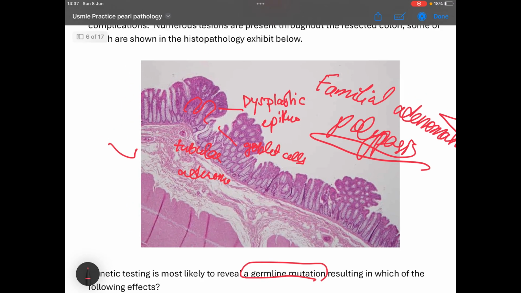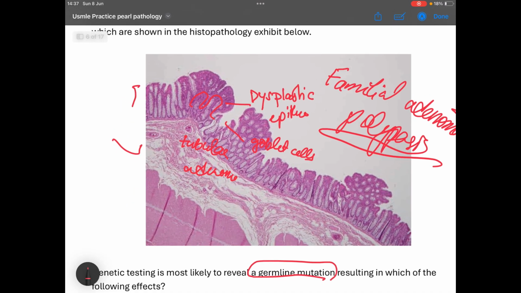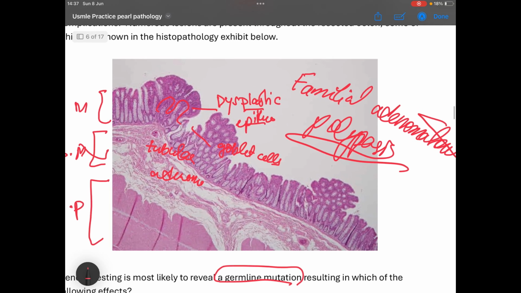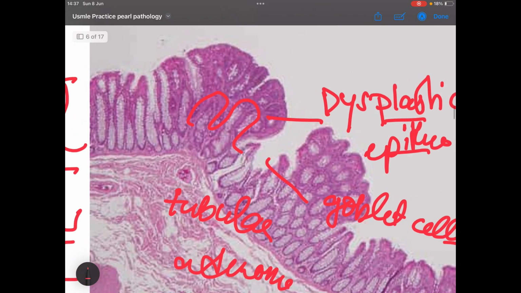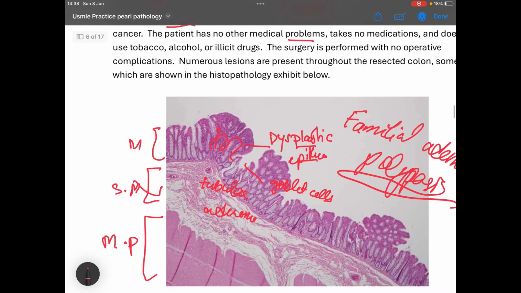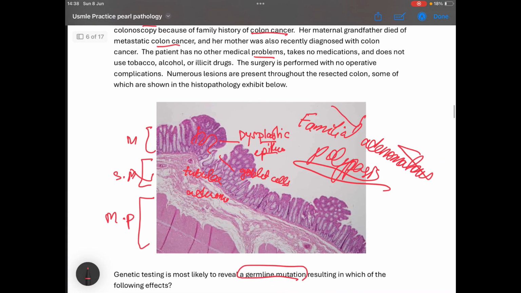If we segregate this slide, this is the mucosa, and this is the muscularis propria. These dysplastic epithelial cells are elongated, dark, and crowded with nuclei, and they give a clear diagnosis of familial adenomatous polyposis.